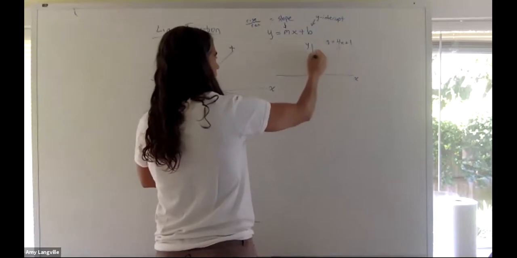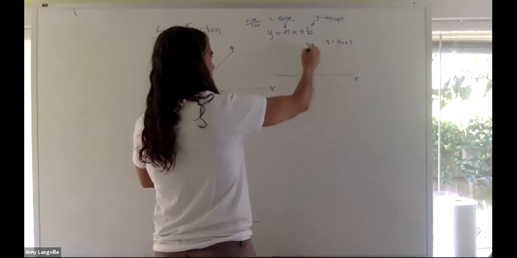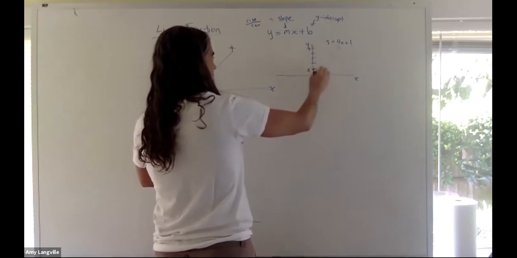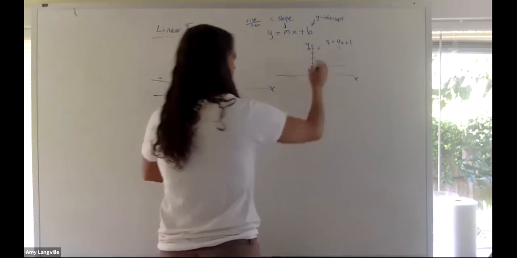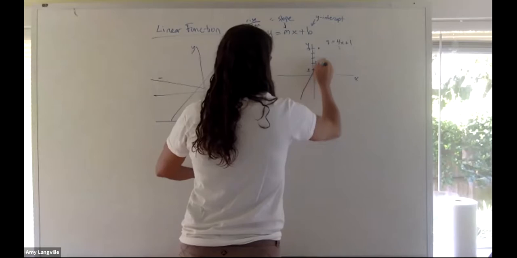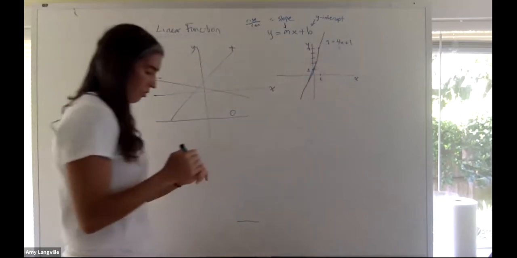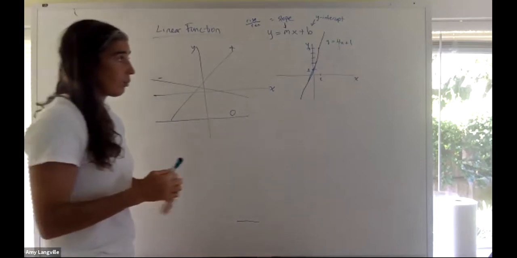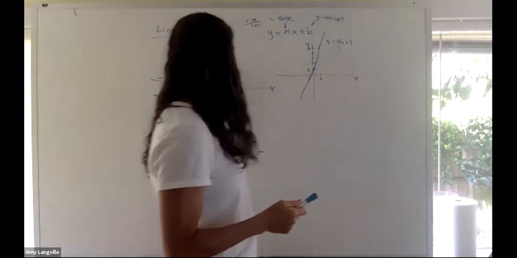So 1, 2, 3, 4, up to the point 5. And we run over 1. So the next point on the line, I have 2 points, I connect them. Oops, not a very straight line. That's the line y equals 4x plus 1. We know that we run this way because it was a positive leaning line.